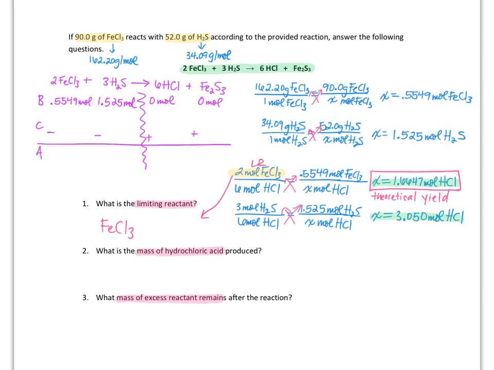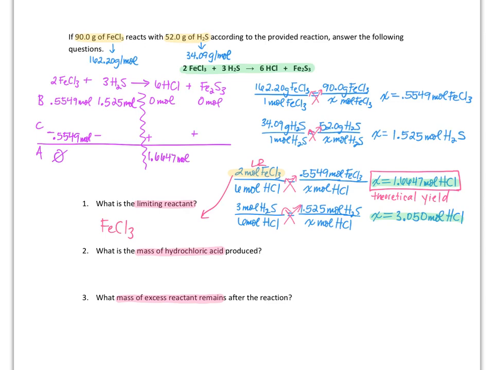Now that we know that, we can go back into our BCA table and fill in what we know. So we know that the iron chloride is going to be our limiting reactant, so we're going to use up all the moles of that, 0.5549. We also know how many moles of HCl we can produce, which is 1.6647.